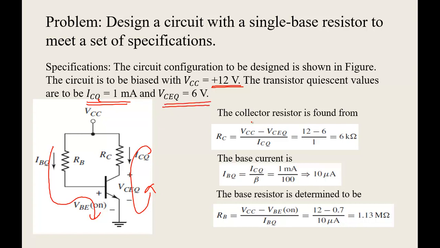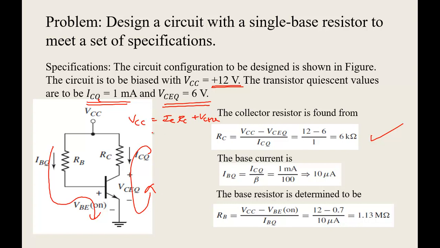Okay. So now, since VCEQ is given and VCC is there, and ICQ is given, the first thing you can do is find out RC straight away, because if I apply KVL, it will become VCC is equal to IC RC plus VCEQ.